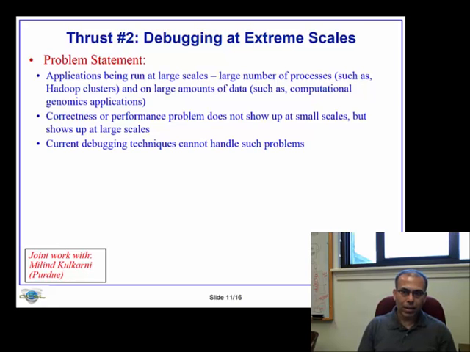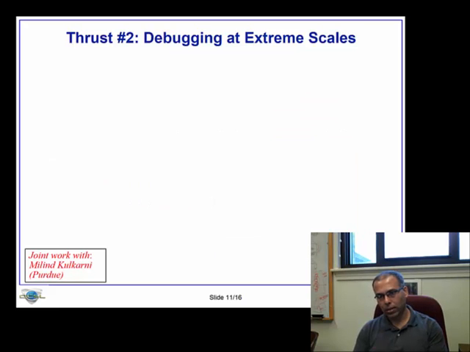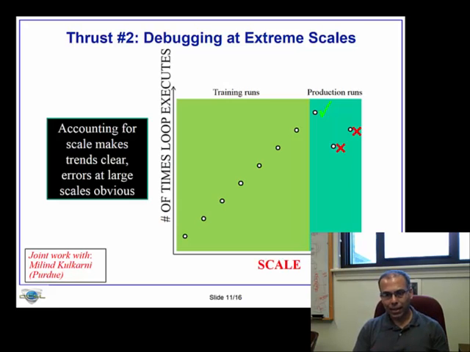And current debugging techniques, including statistical profiling techniques, are unable to handle such kinds of problems, because current debugging techniques or statistical profiling techniques have this fundamental premise that if you think of the light green as our training runs and the dark green as the production runs, in the case of statistical analysis, it will infer a certain pattern from these light green training runs and try to see if the production runs match that pattern.